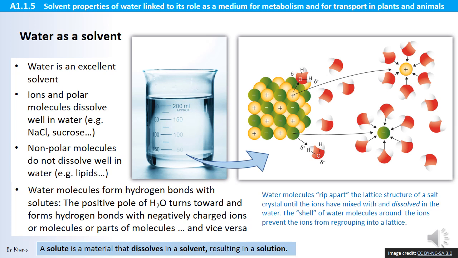So the water molecules rip apart the lattice structure of a salt that is put into water until the ions have mixed with and dissolved in the water. The shell of water molecules around the ions prevents the ions from regrouping back into a lattice.